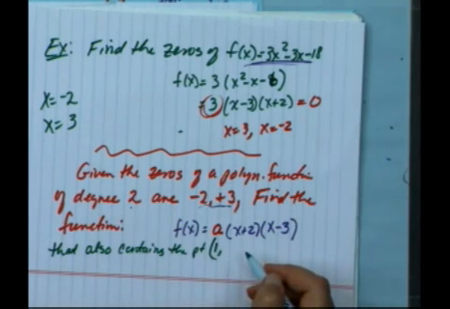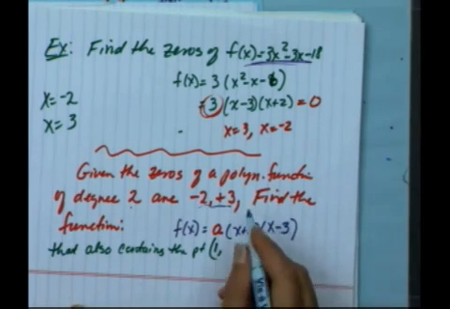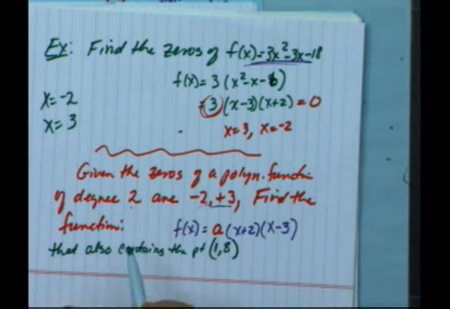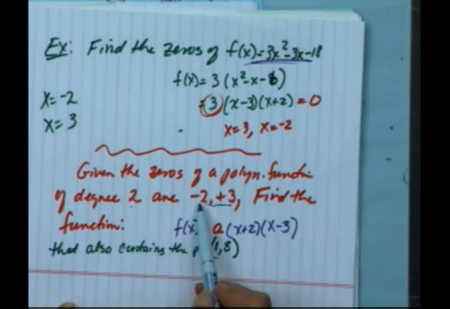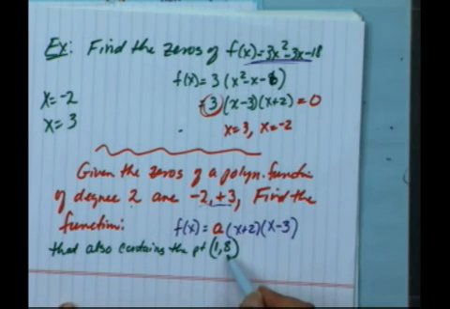It's always scary to make up something when you haven't really practiced it out first. All right, so I may be all wrong here, but I'm going to say contains the point (1, 8). So what's happened is I want a particular polynomial function. It's going to pass through the x-axis at -2 and 3, and that curve is also going to pass through the point (1, 8).